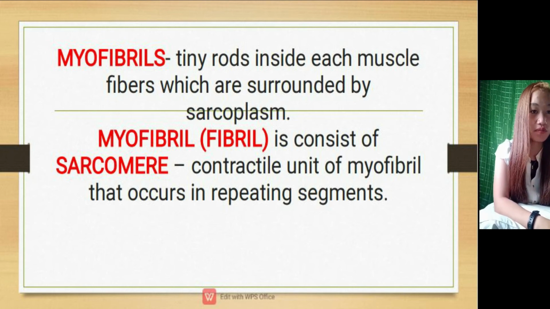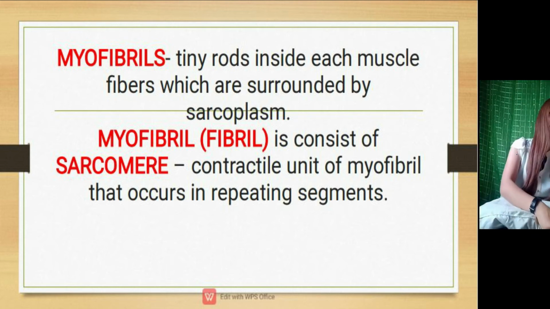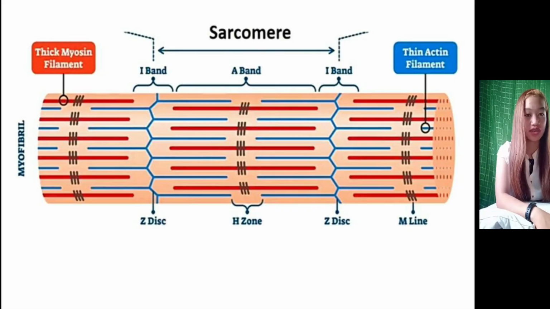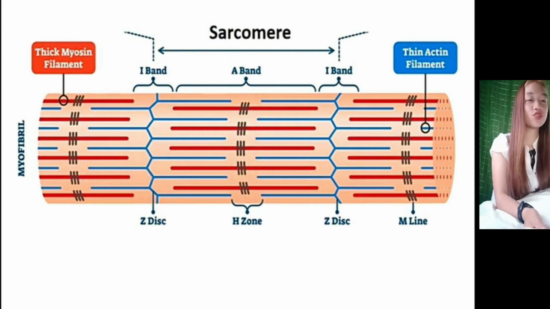And a myofibril, also called a fibril, consists of sarcomeres. So this is the sarcomere. This is the contractile unit of the myofibril that occurs in repeating segments. So this will be the enlarged photo of the sarcomere.